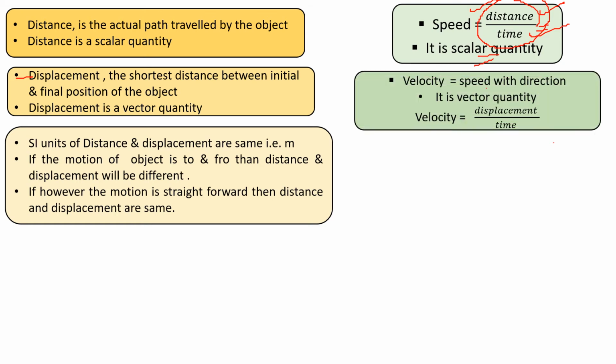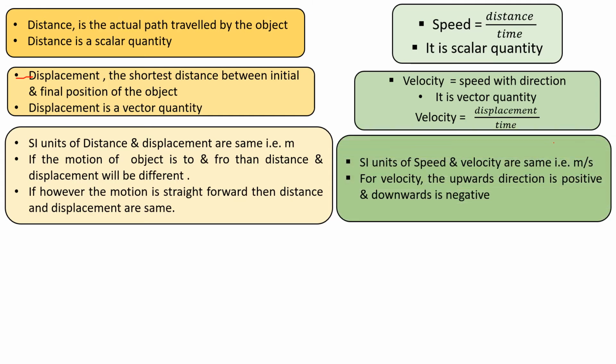When we specify speed along with direction, when we say 25 kilometers per hour to the east direction or right side of the school or home, whatever, when we are specifying direction along with speed, then it is a vector quantity. So velocity is speed with direction and velocity is a vector quantity. SI units of speed and velocity are same, that is meters per second.